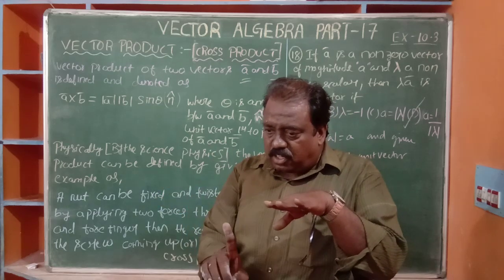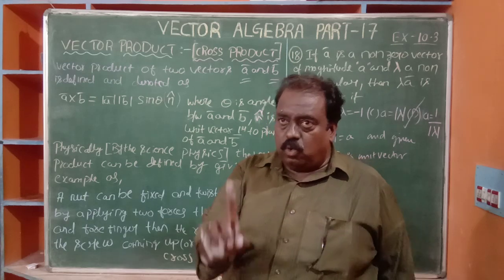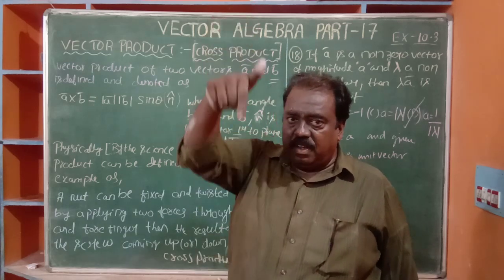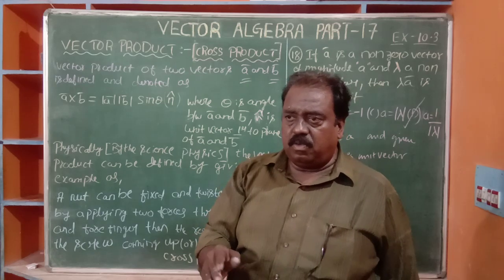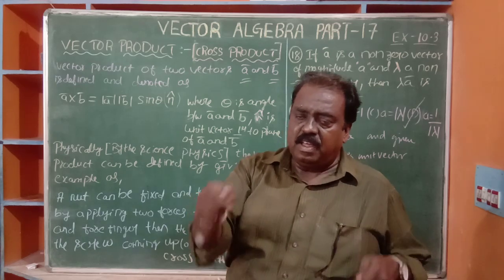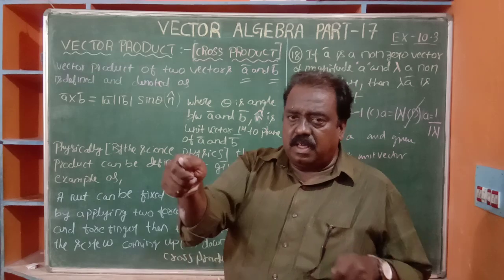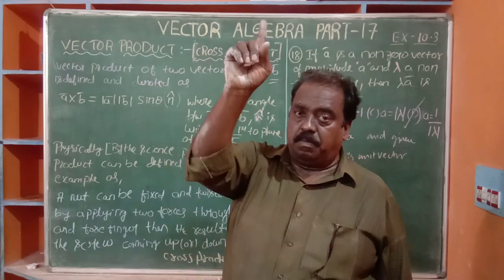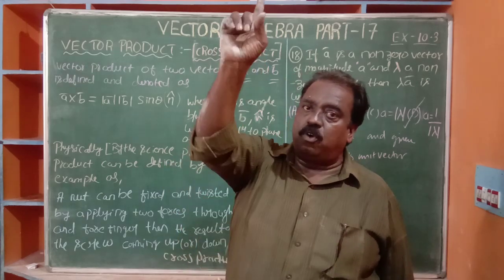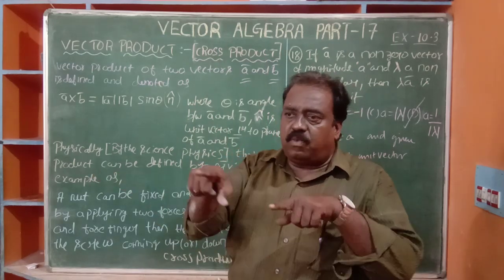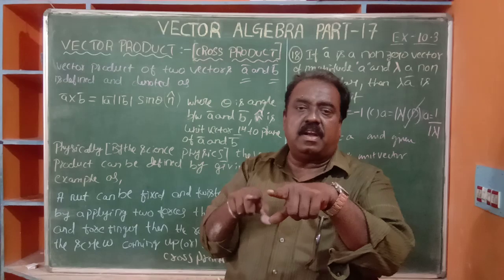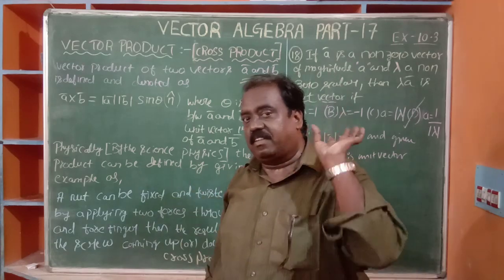The result is that the screw is going up or down. If you rotate in the inverse way, it comes down. In the right way, it comes up. So that is a force that is always perpendicular to the plane where we are using the two forces A bar and B bar.